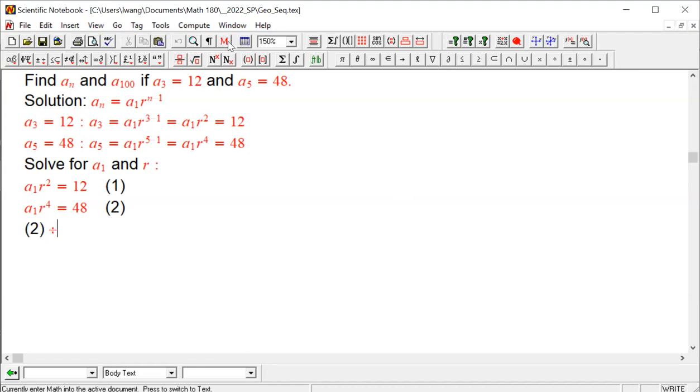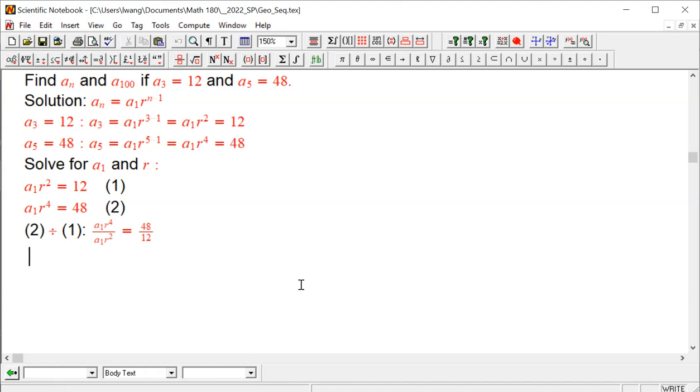On the left-hand side, a sub 1 r to the power 4 divided by a sub 1 r squared, in the same order, and the right-hand side is going to be 48 divided by 12.